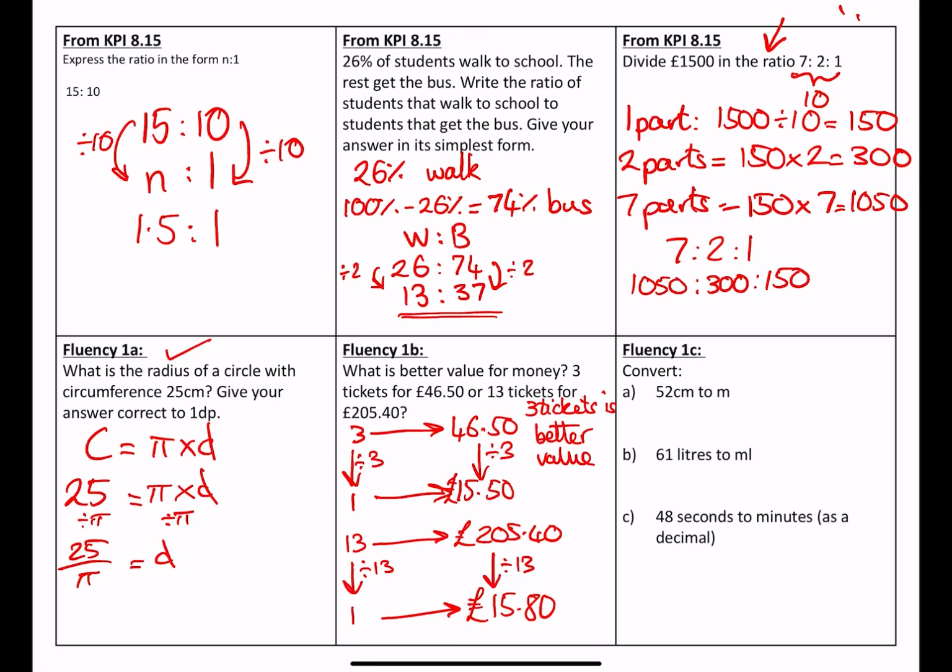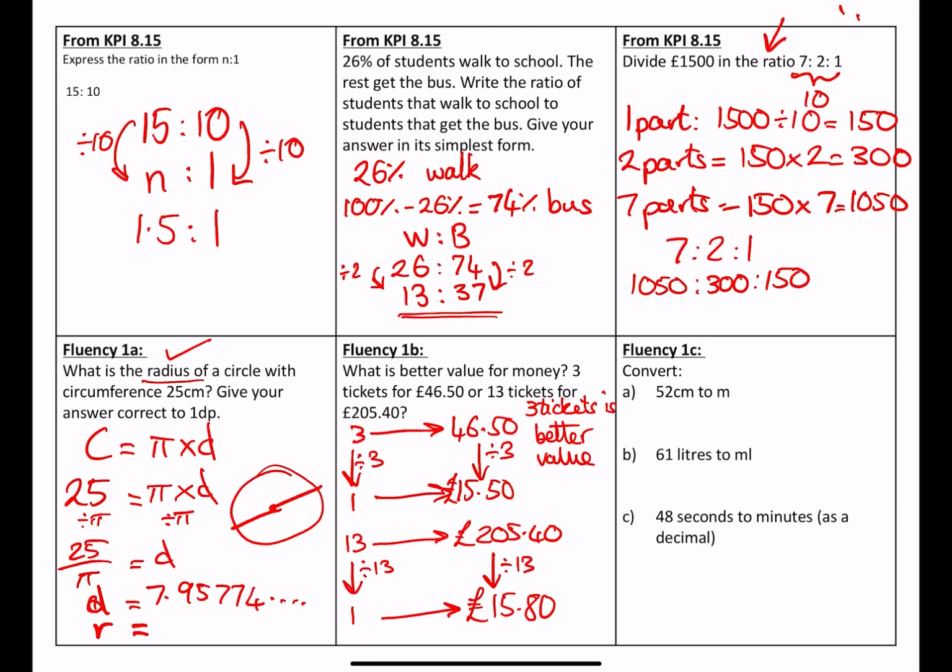Now, if I do 25 divided by pi in my calculator, I end up with my diameter being 7.95774. Remember, I put lots of decimal places because that's not my final answer just yet. I was asked, though, what the radius is. Remember that on your circle, that's a radius, that's a diameter. The radius is half of that diameter.